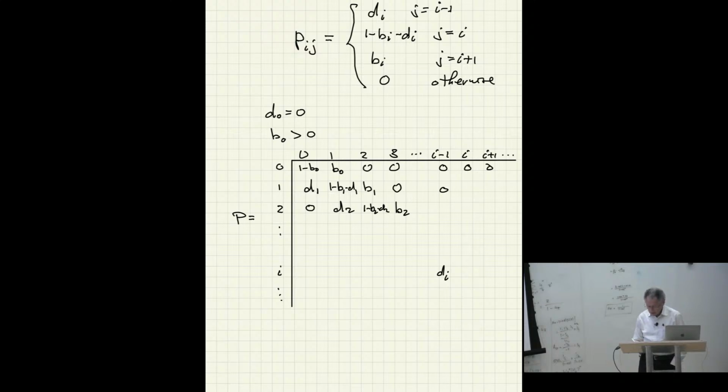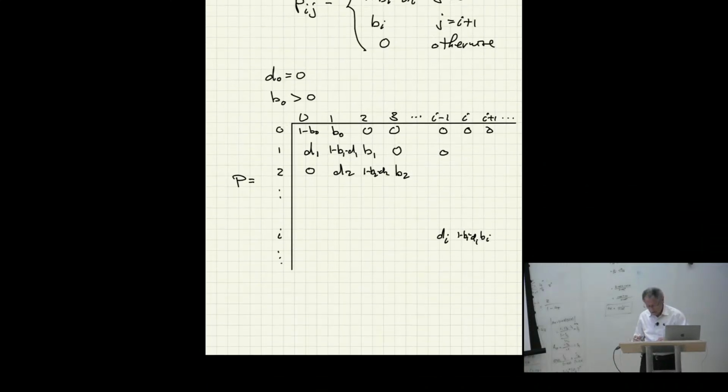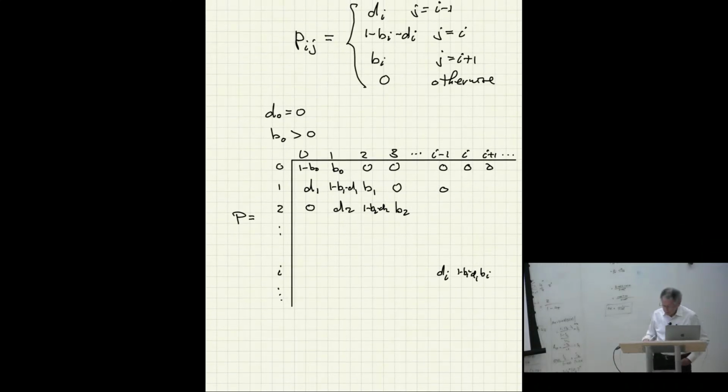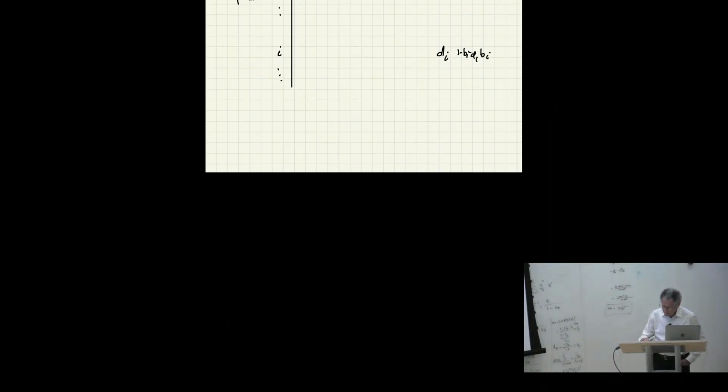To go from i to i plus 1, you need a birth, b_i, and 1 minus both of those to stay at the same state, etc. So it's a rather simple probability transition matrix.